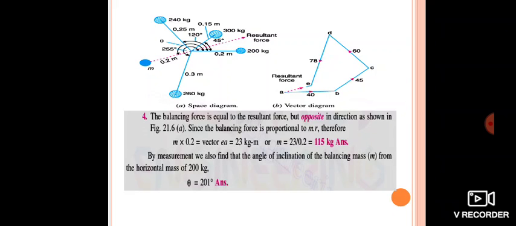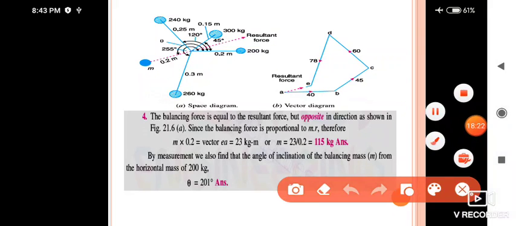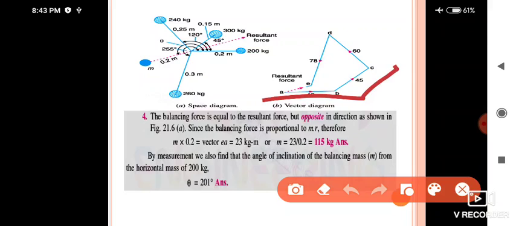We are getting some problem in this class, because it is not accurately possible to tell you how to draw this diagram. But in class I told you very clearly how to draw it, that you have to take some scales.